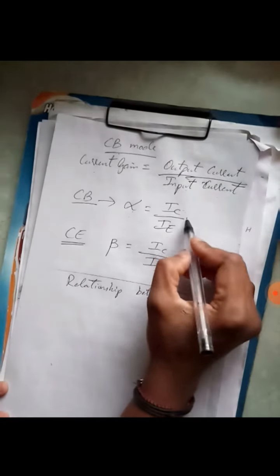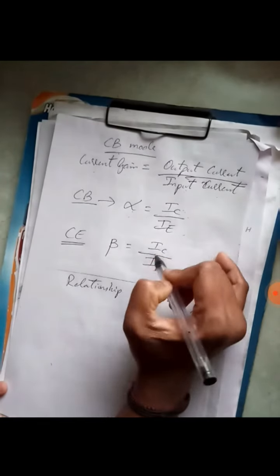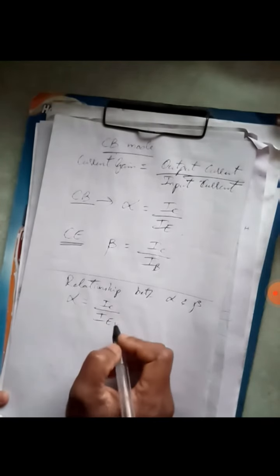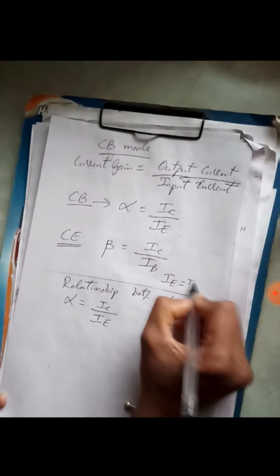We know that alpha is equal to IC by IE and beta is equal to IC by IB. Okay, let us consider this. Alpha is equal to IC by IE. And just now we had also come across this equation, IE is equal to IB plus IC.